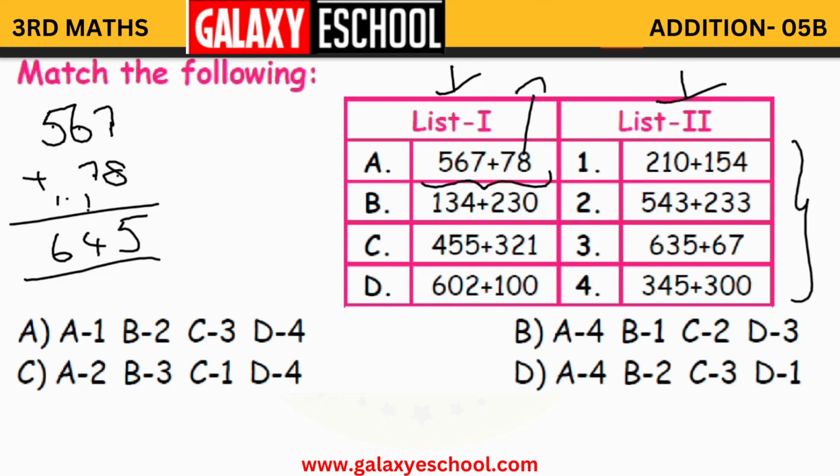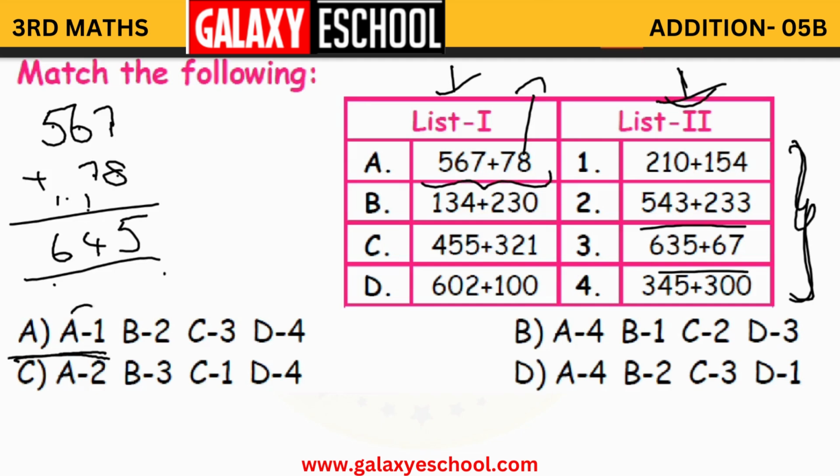Now from the given list 2, we should find out by adding which two numbers we will get 645. Now how can we do this children? Again we have two ways. First one is, let us look at the options.